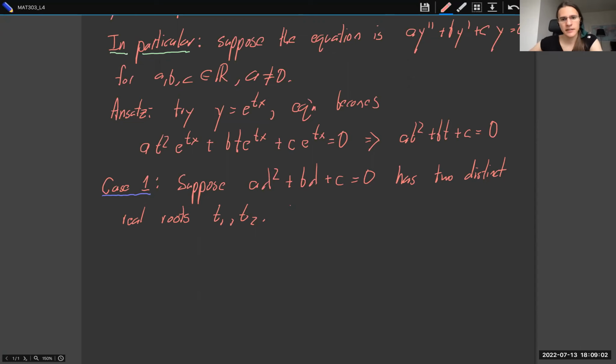Then e^(t1 x) and e^(t2 x) are solutions.